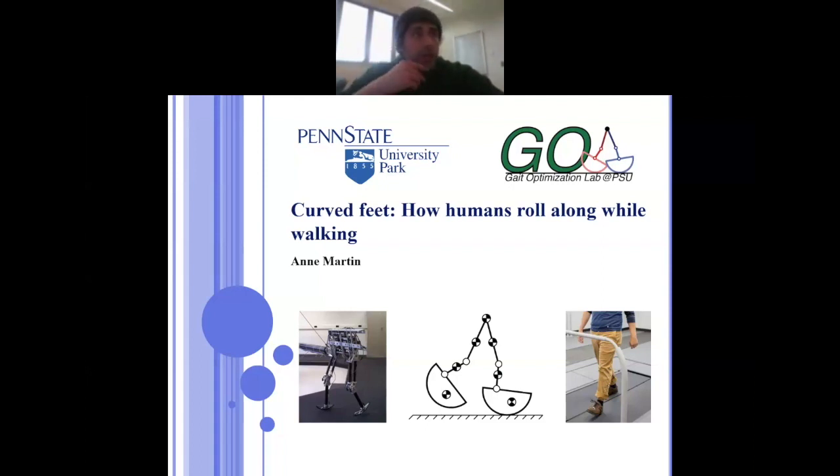So she's doing research in biomechanics, mechanobiology, control theory, and she directs the Go Lab at PSU, as shown in her slide. She's interested in understanding many aspects of human biomechanics, in particular about walking, but also other topics.